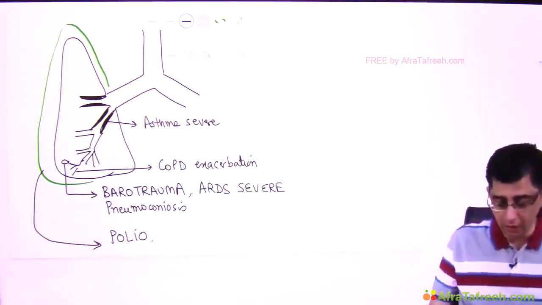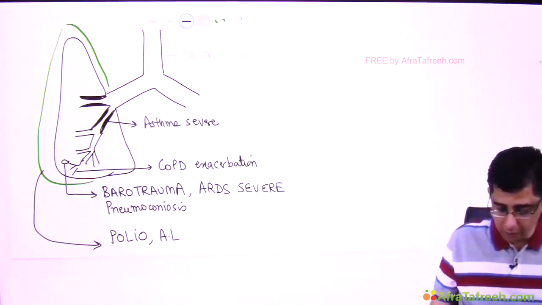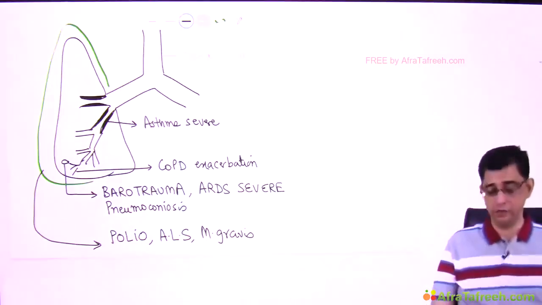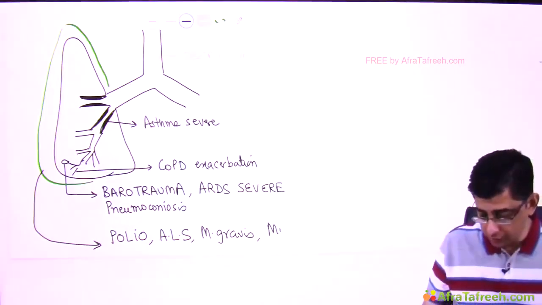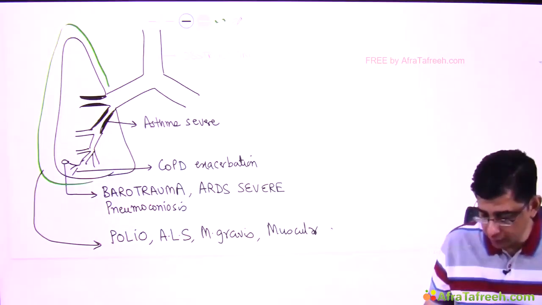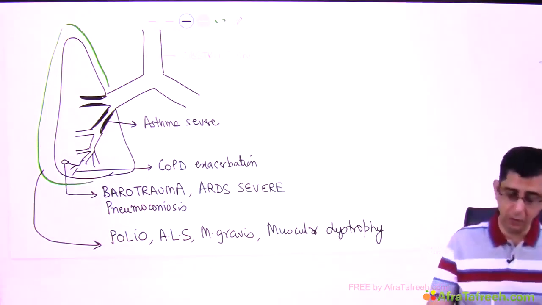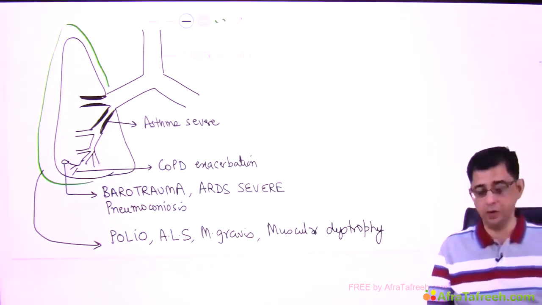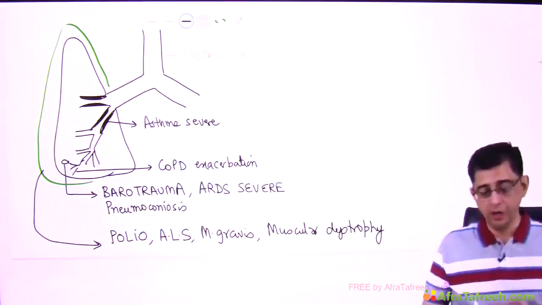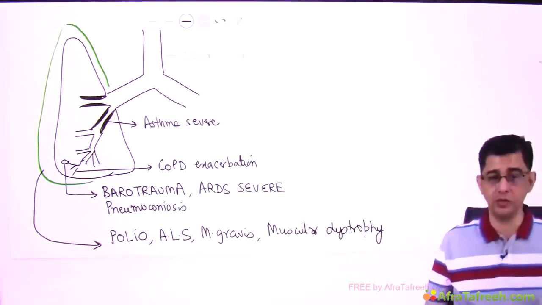So we could be having poliomyelitis, myasthenia gravis, amyotrophic lateral sclerosis, or muscular dystrophy affecting the muscles of respiration. So my point is that any disease related to the muscles of respiration could contribute to the development of respiratory acidosis in a patient.